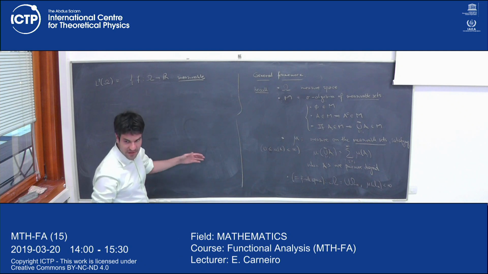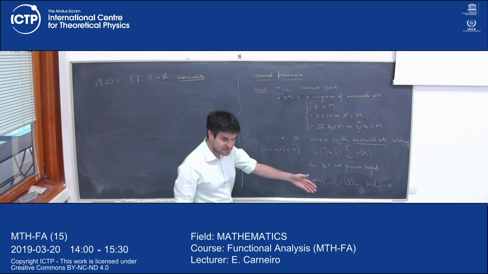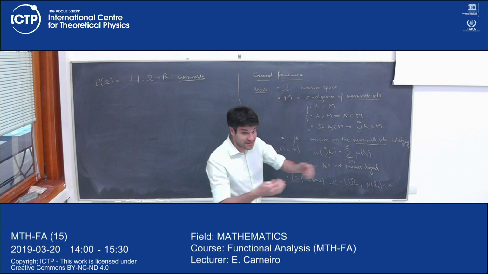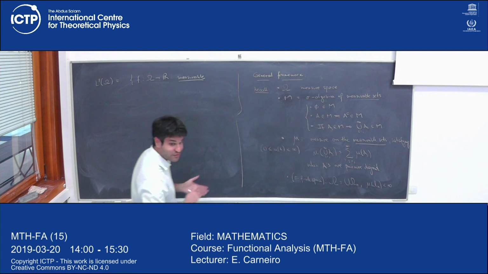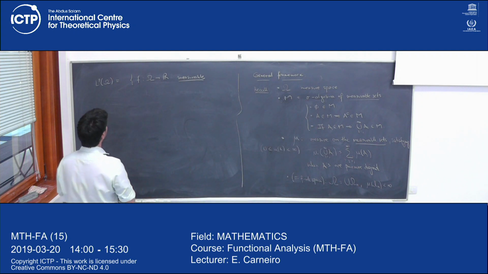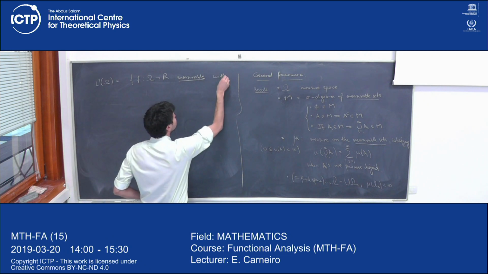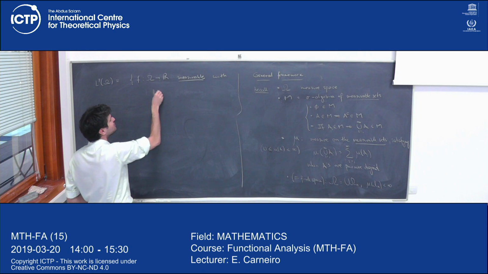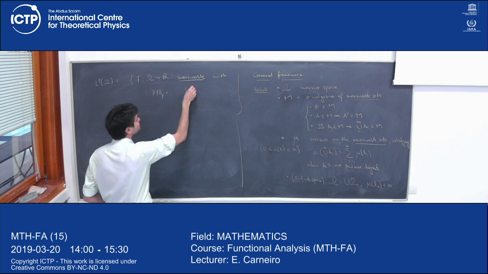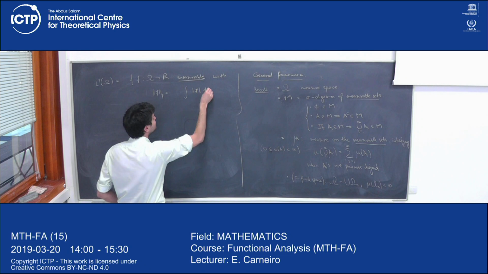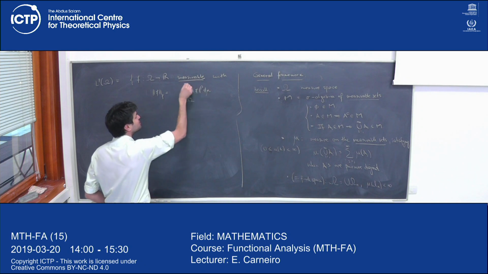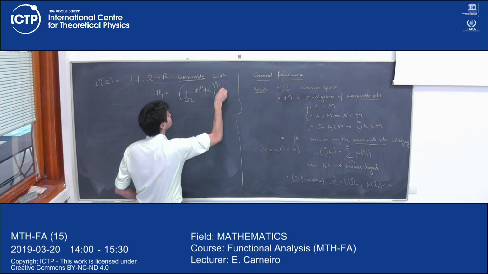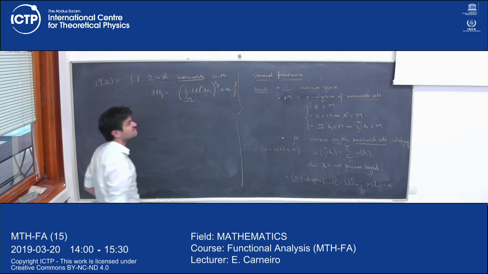And measurable means that the preimage of measurable sets on the real line is measurable in this sense. Measurable functions with the so-called LP norm, the integral of absolute value of f to the p d mu over omega, to the 1 over p, this thing finite.